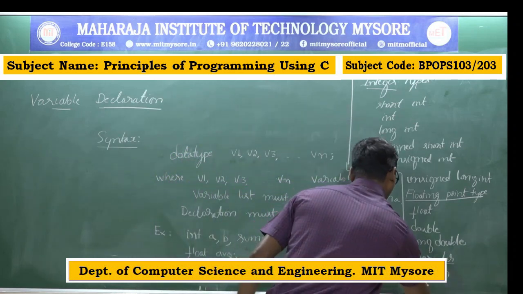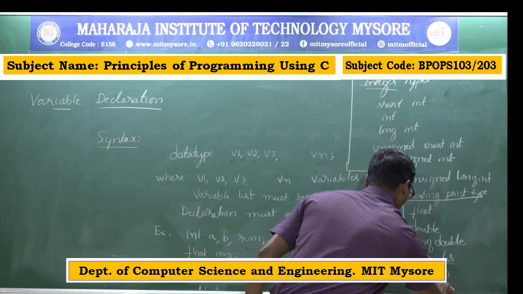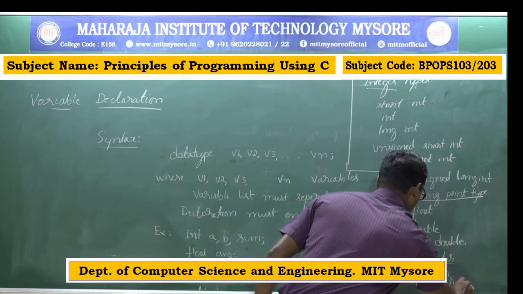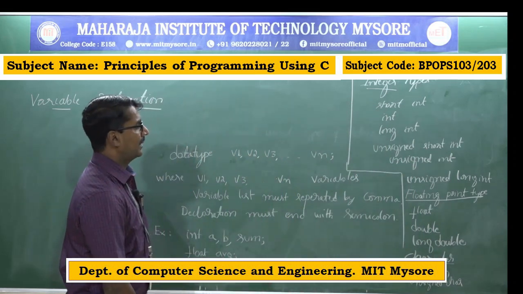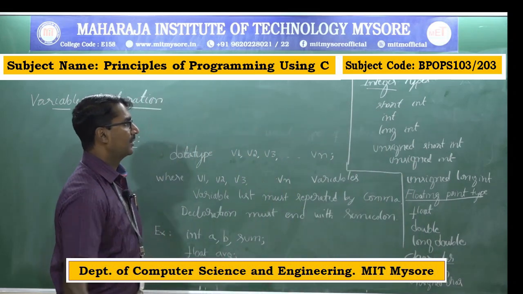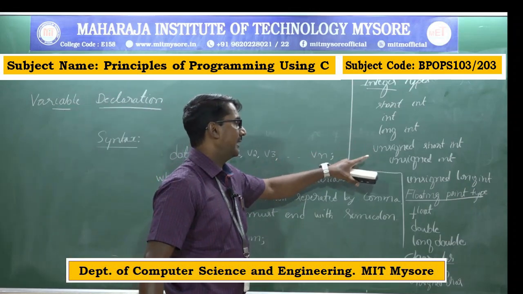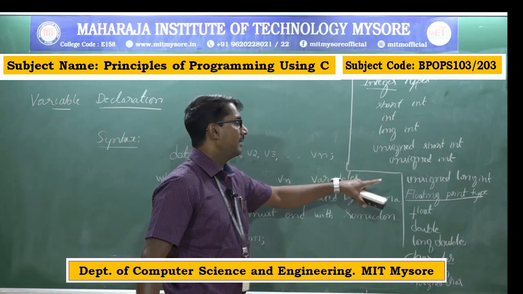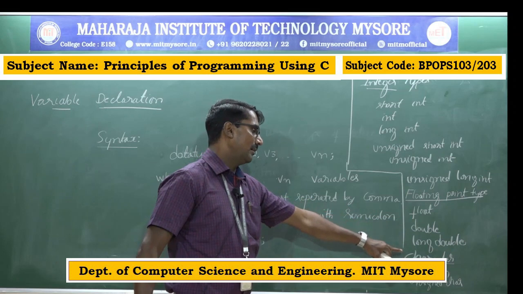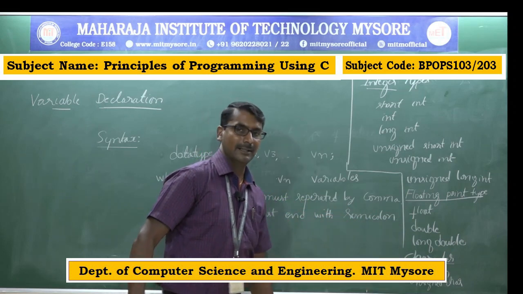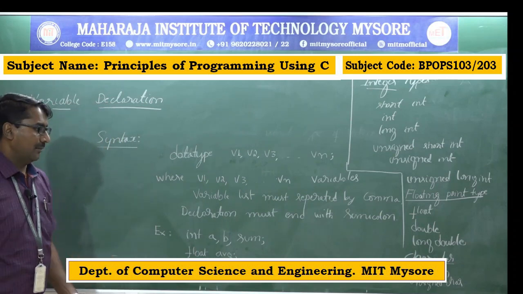Here also unsigned char. Okay, these are the data types we use for declaring the variables. So integer data types, short int, long int, unsigned short int, unsigned long int, float, double, long double, char and unsigned char. Okay, these are the keywords we use for declaring the variable.